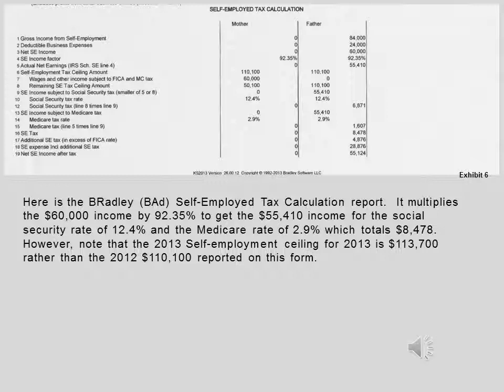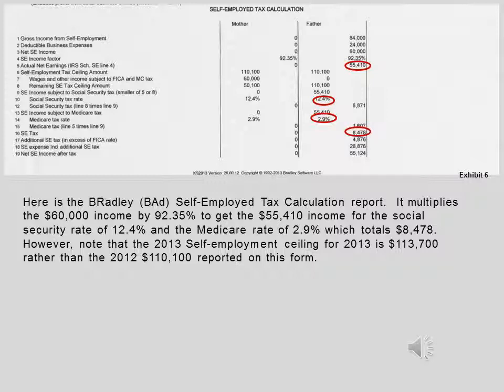Here is the Bradley Bad Self-Employed Tax Calculation Report. It multiplies the $60,000 income by 92.35% to get the $55,410 income for the Social Security rate of 12.4% and the Medicare rate of 2.9%, which totals $8,478.